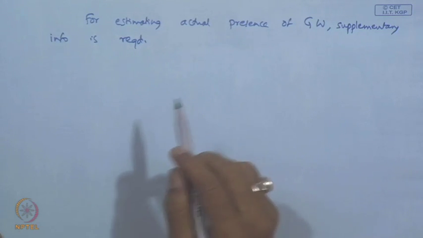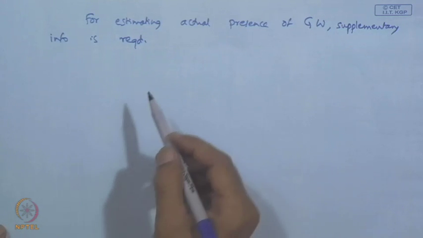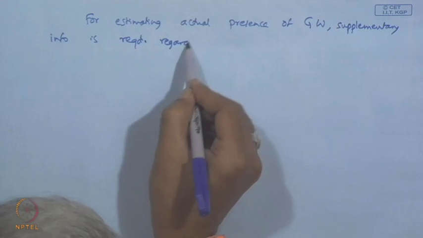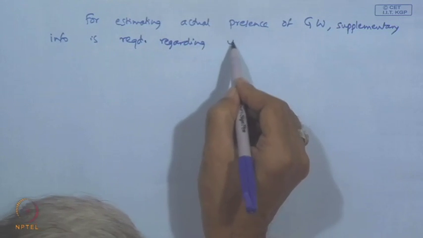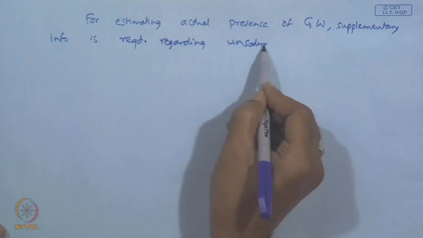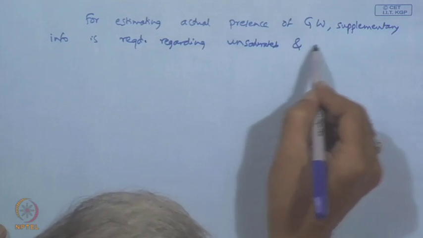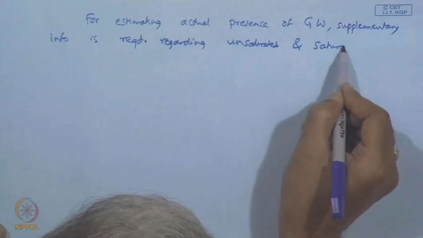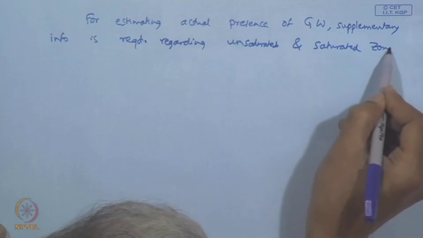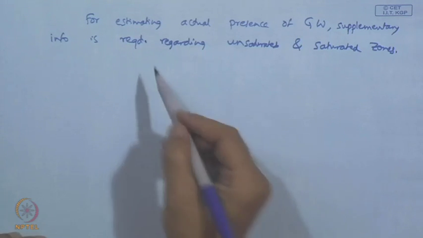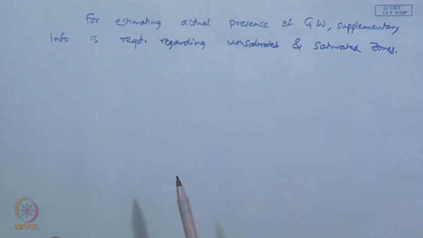And so, using this supplemental information regarding unsaturated and saturated zones, we can estimate the presence of groundwater.